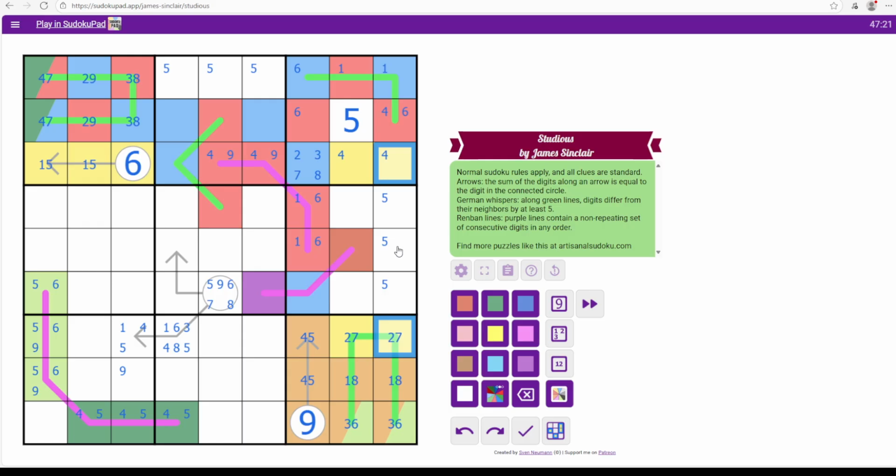You know what? Could 4 go on here? 4 couldn't go on here, could it? Because let's say they were both 4, right? Would that work? That'd be a 9, and then that could be whatever. Maybe that's okay.